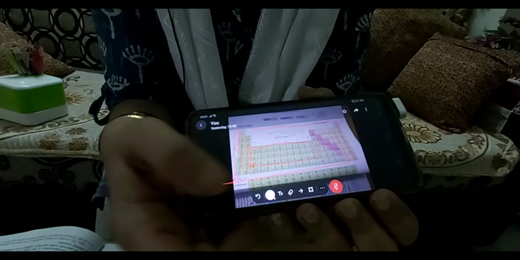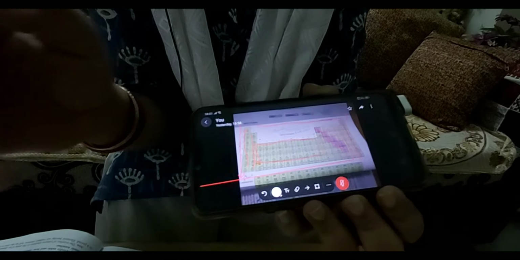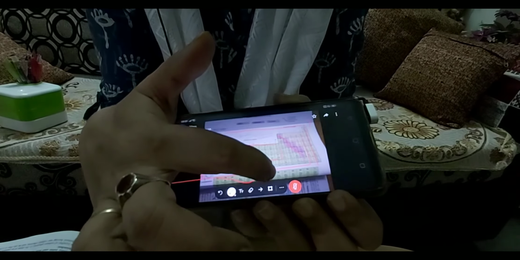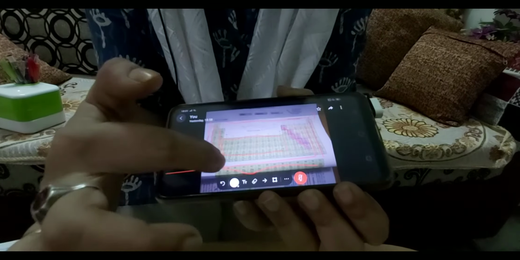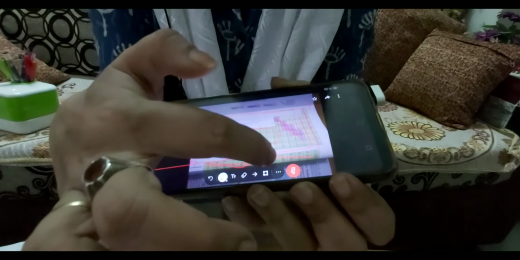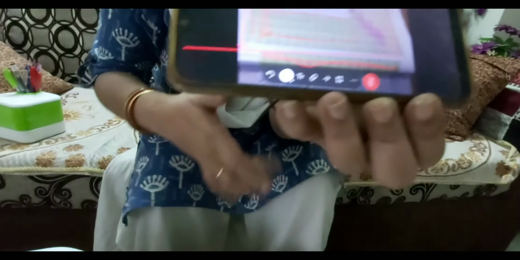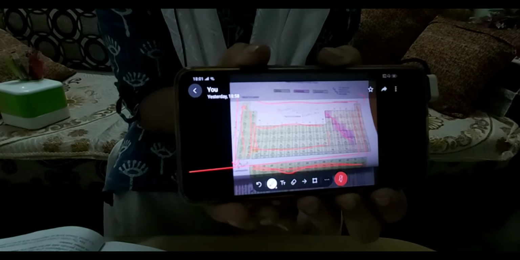Now, if you are able to see outside of the periodic table, you are able to see 2 blocks of elements, which we are calling the lanthanides and the actinides. They are placed outside the periodic table. They are also called the inner transition elements.